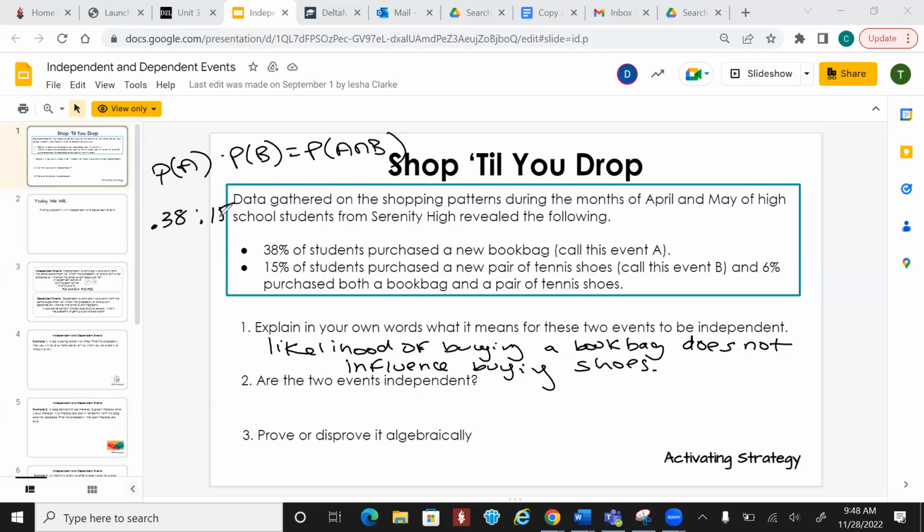Again, we're multiplying event A times event B. And that's going to give us roughly 0.06, 0.057, which is equal to this, which is 6%. So are these two events independent? Yes. And I just proved that algebraically up here.